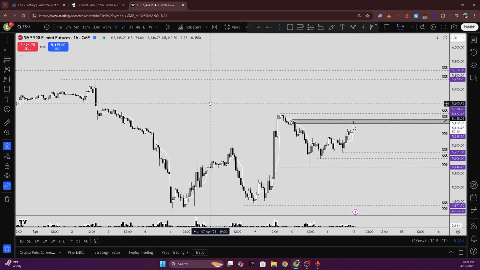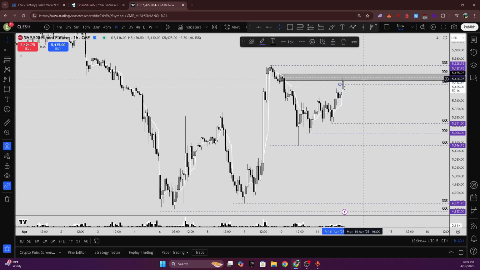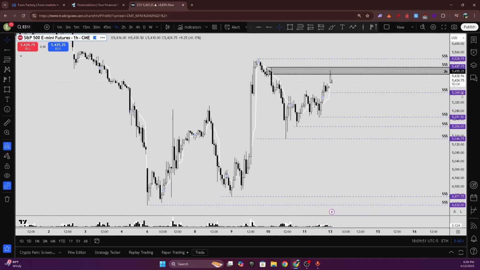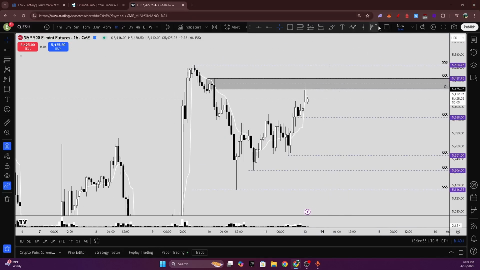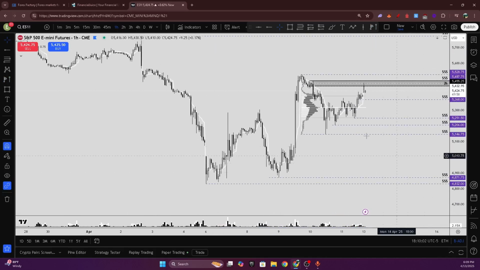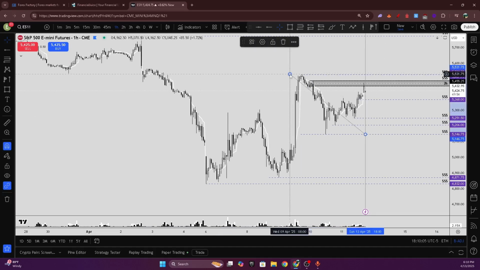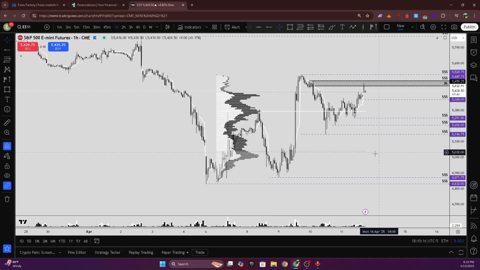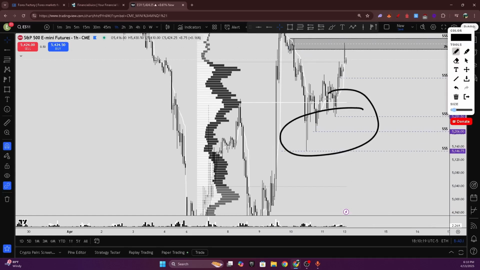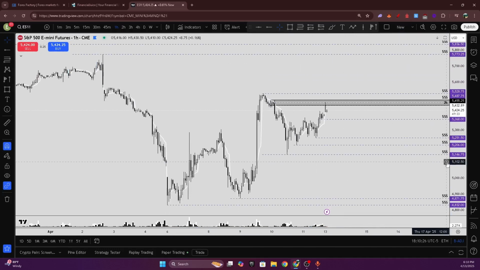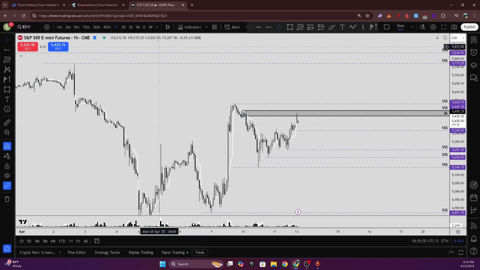I'm doing my higher time frame analysis. Okay, so these lower liquidity levels are very essential, is what I'm seeing from our volume analysis, but essentially I have to look more on lower time frames.